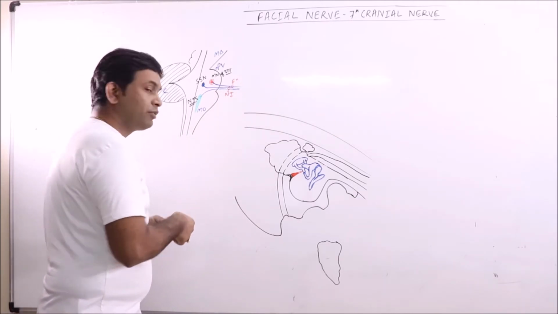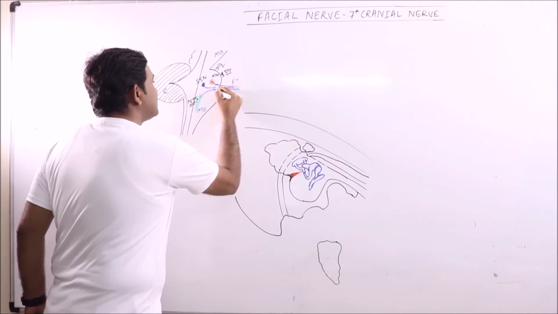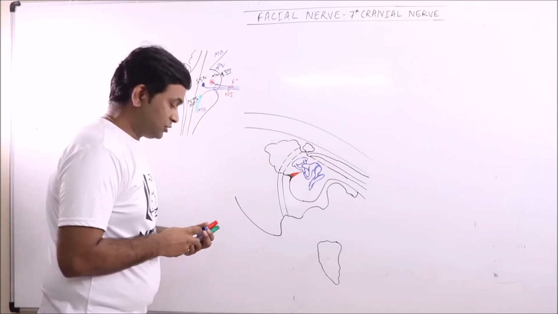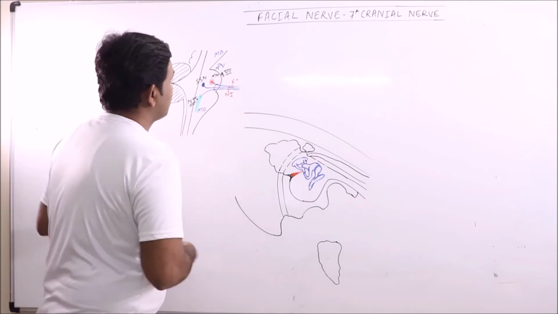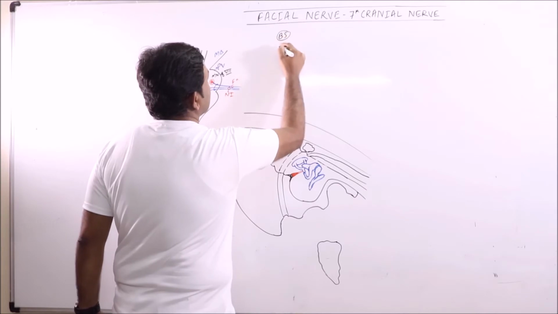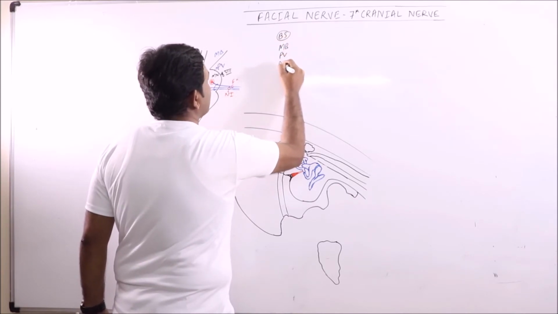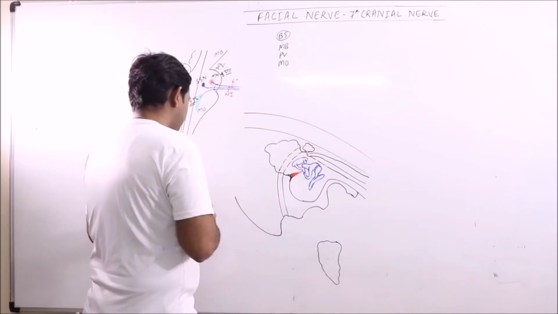So from the brainstem, the facial cranial nerve emerges out from the pons. So this is brainstem, that is midbrain, pons varoli, medulla oblongata.